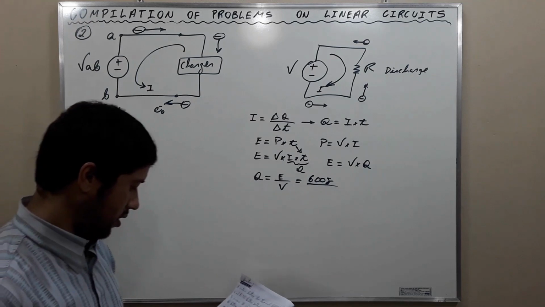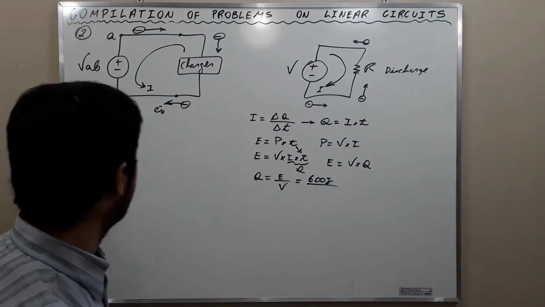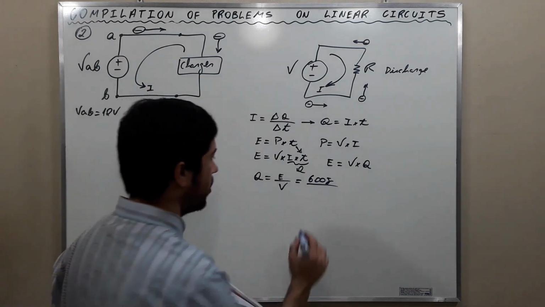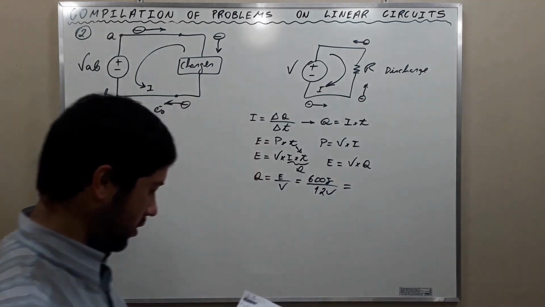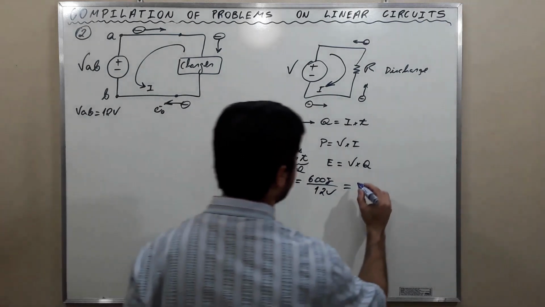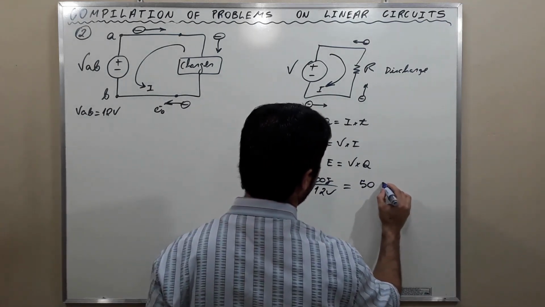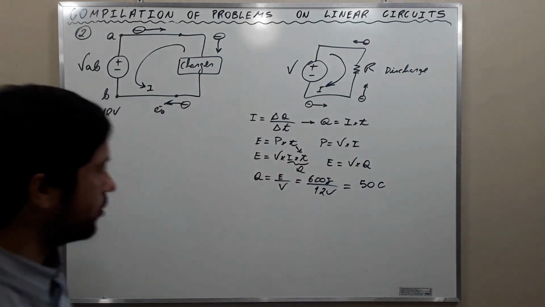This is the rated value of voltage for this battery, 12 volts, and it gives a value of charge equal to 50 coulombs.